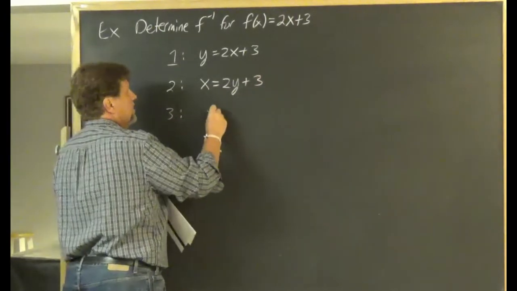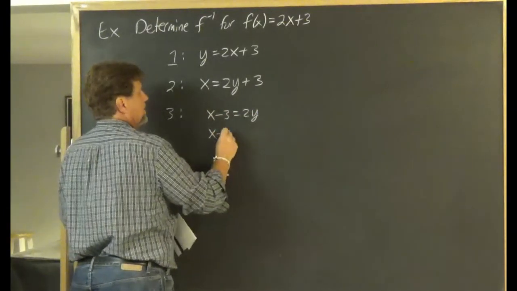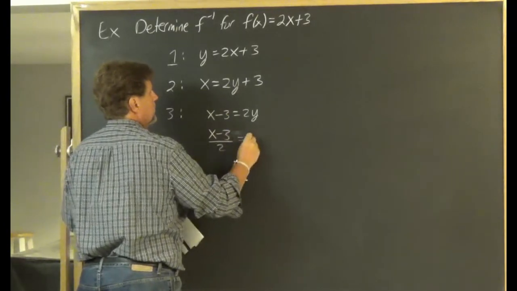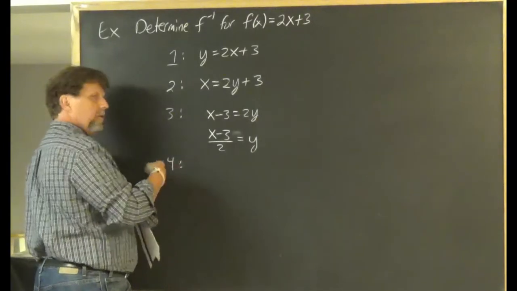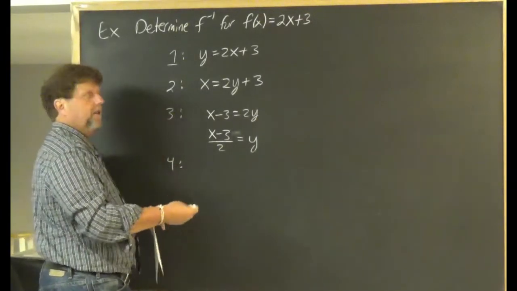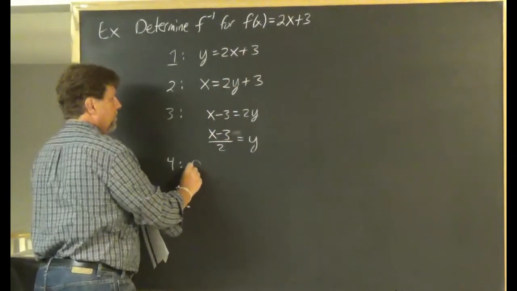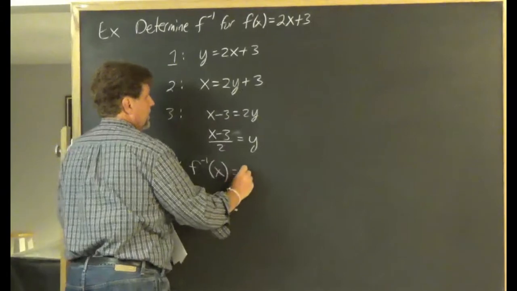So you would subtract 3 from both sides, divide both sides by 2. Step 4, replace y with the appropriate inverse function notation. So since the function was called f of x, the appropriate inverse function notation is f inverse of x.